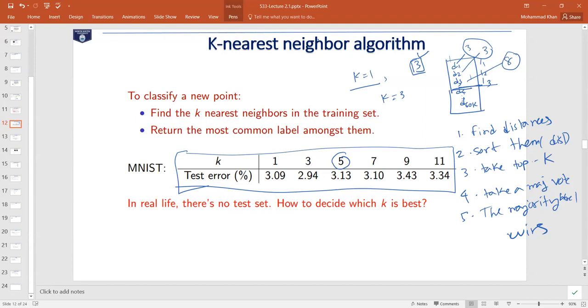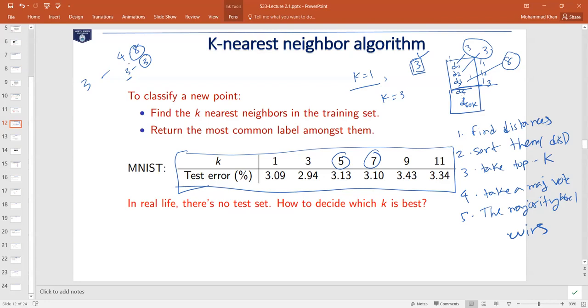So the problem here is if we use majority vote, the majority vote sometimes confuses the algorithm. So maybe at some point we'll see that if we use maybe 7 nearest neighbors, for a 3, maybe we'll have 3 labels for 3 and 4 labels for 8.